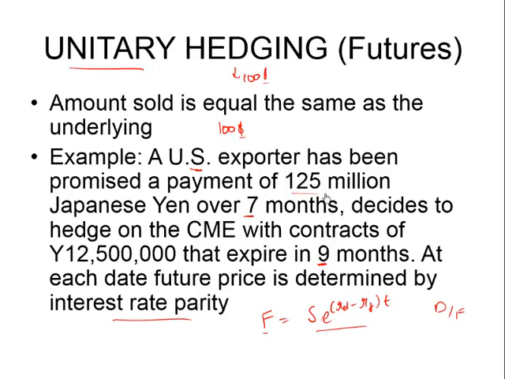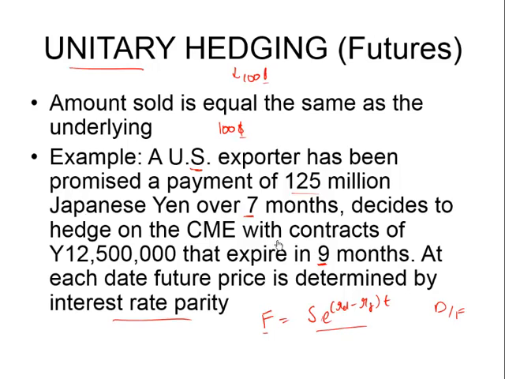If the yen actually depreciates, even the 9-month forward price will go down and your short position will gain. The idea is basically to offset the losses if yen depreciates. Any short position on the yen will gain if yen loses value.